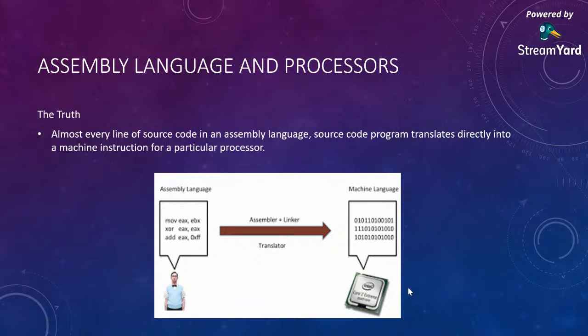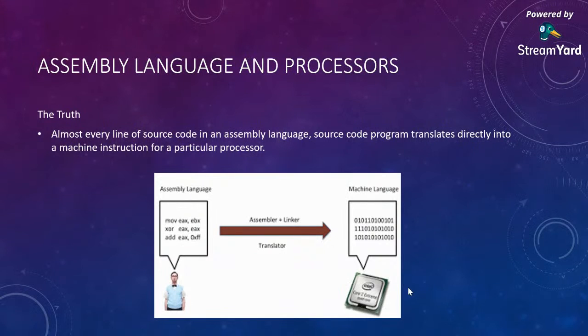As you can see in the slide here, the assembly language just looks like human language. Maybe it is a bit understandable, or maybe we call it information when you read the language.